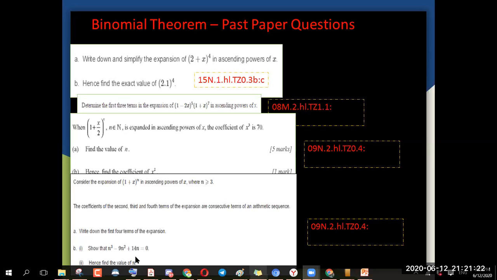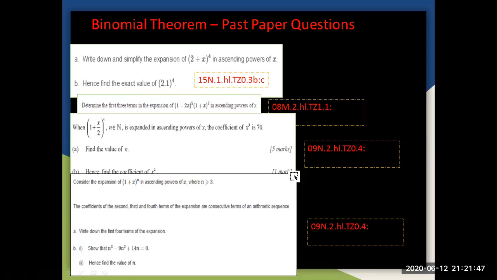I got n is equal to 16. For A, I got 16.